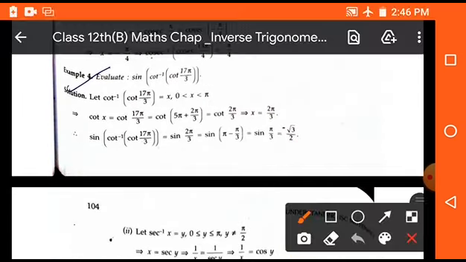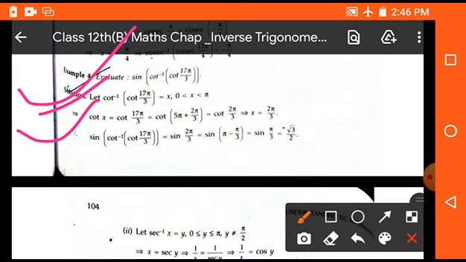Now student, another example is evaluate sine in bracket cot inverse in bracket cot 17 pi upon 3. So first of all we will let cot inverse in bracket cot 17 pi by 3 is equal to x. So we can write cot x is equal to cot 17 pi by 3, and we can write 17 pi by 3 as cot in bracket 5 pi plus 2 pi by 3.